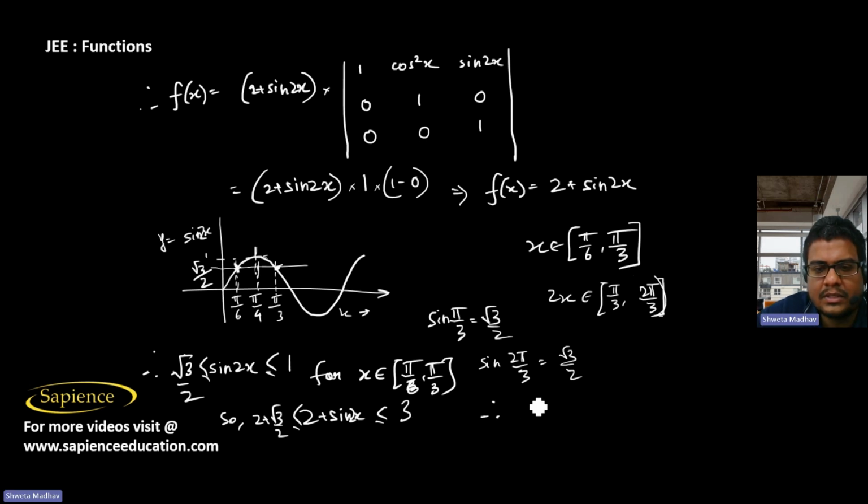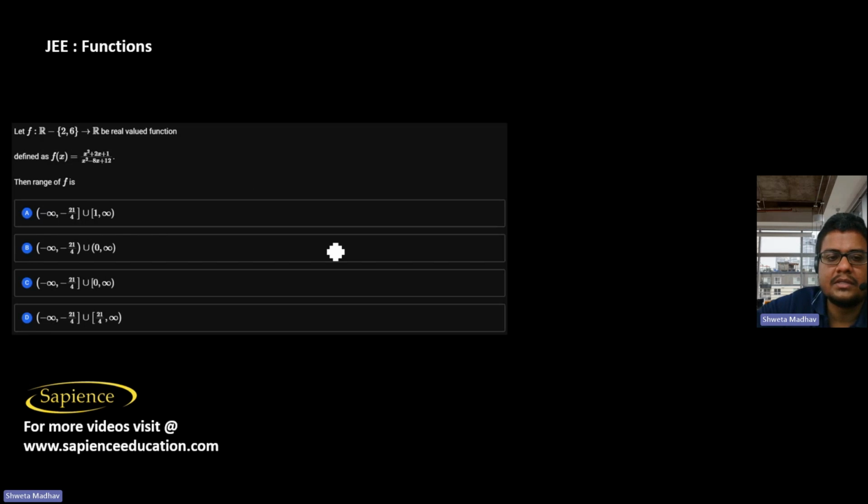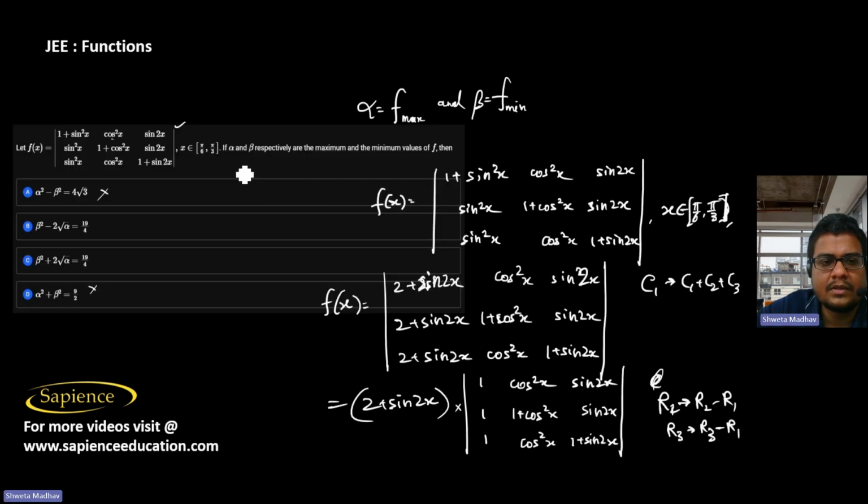So the minimum value of f, that is beta, is equal to 2 plus root 3 by 2, and the maximum value of the function f in the given values of x, that is alpha, is 3.